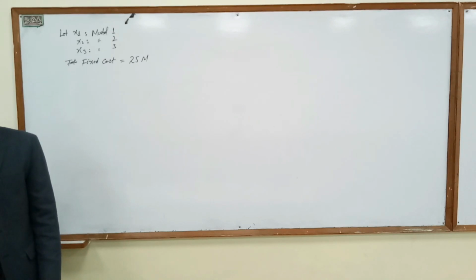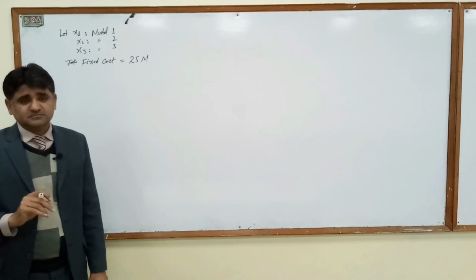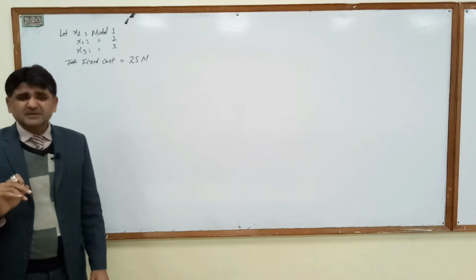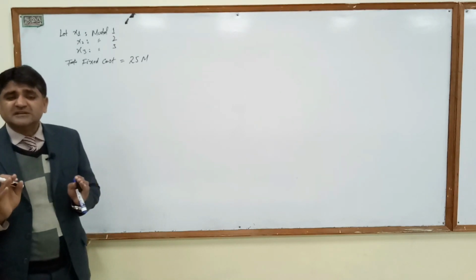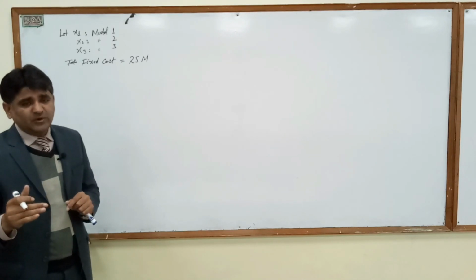Determine a joint total revenue function for sales of the different microcomputer products or models. Joint revenue function, not only one model. It means that it will be the revenue of the overall firm.